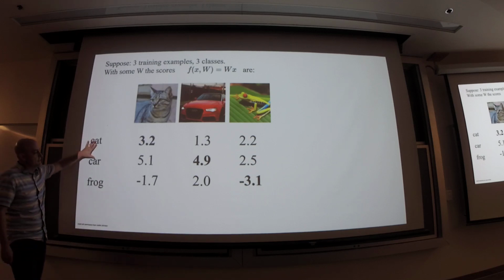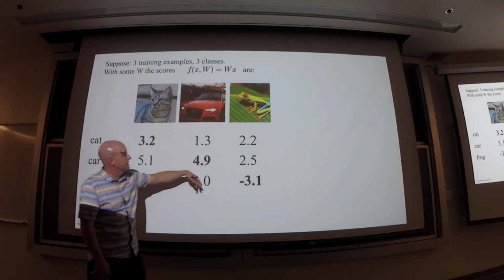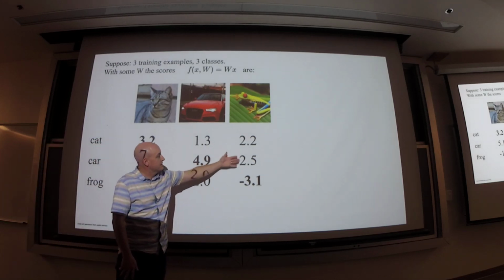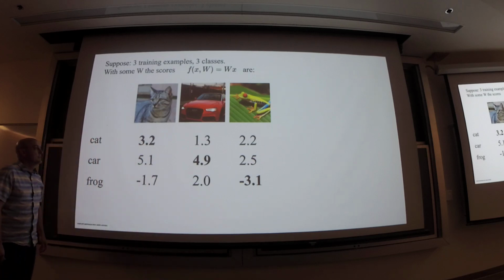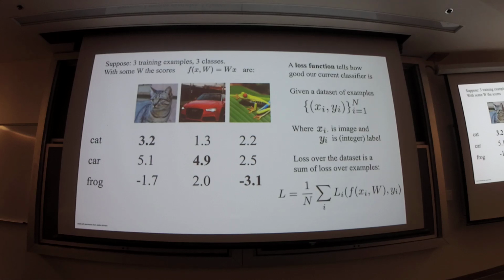So this is not right, because the car is highest. This is right because car is highest. This is not right because, again, car is highest. And clearly it's a cat-car problem. So we need some way of characterizing that. We do this with what's known as a loss function.